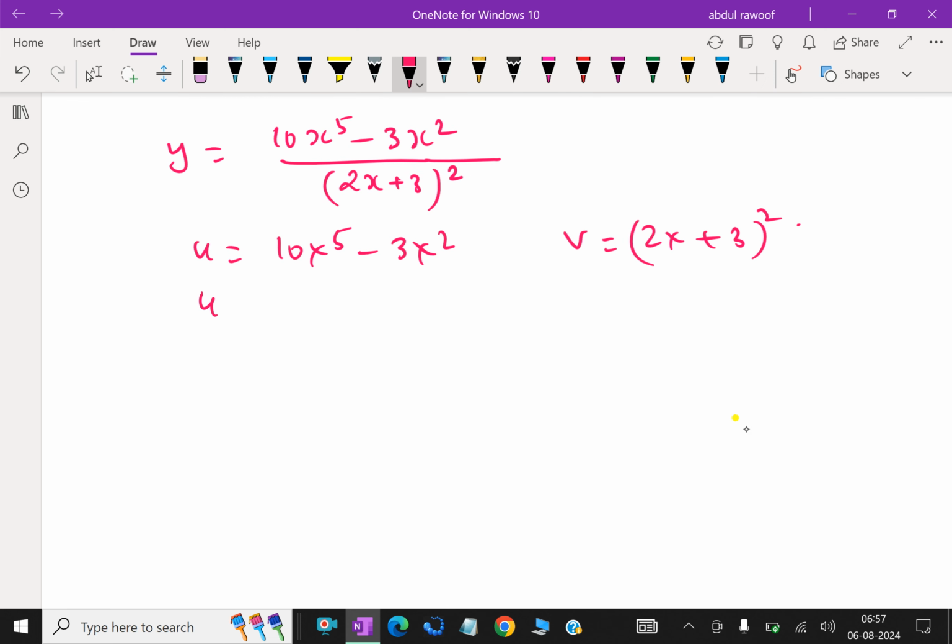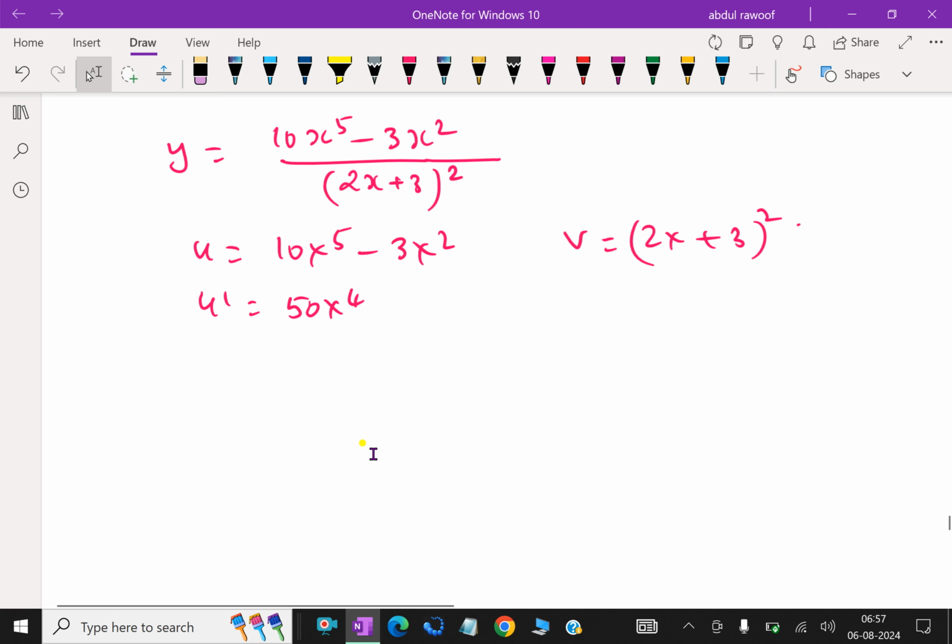Now u dash, the derivative of the numerator: 10x power 5 gives 50x power 4, because the power is reduced by 1, 5 minus 1 is 4, and 5 into 10 is 50.